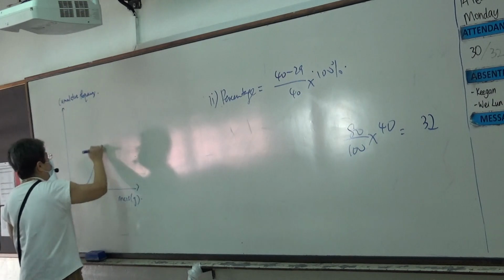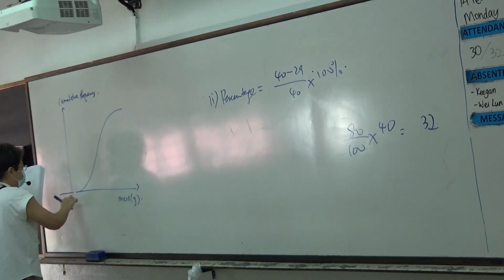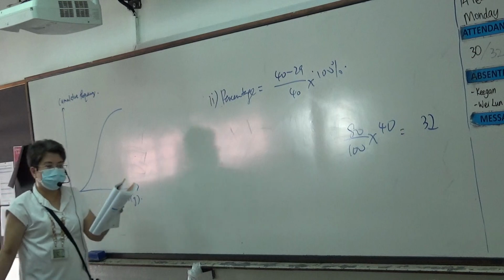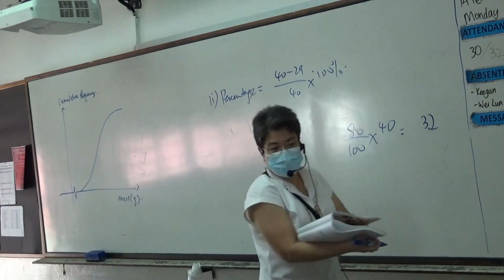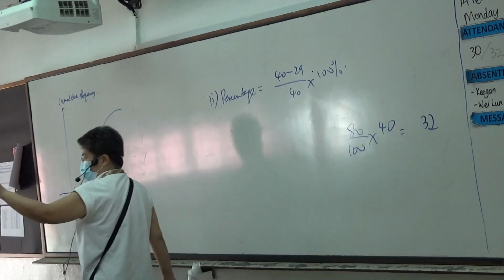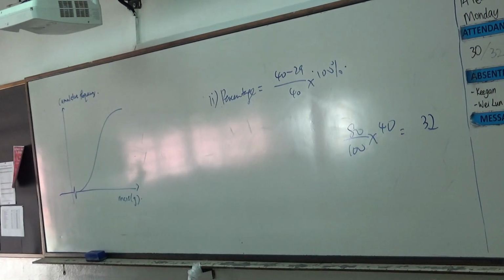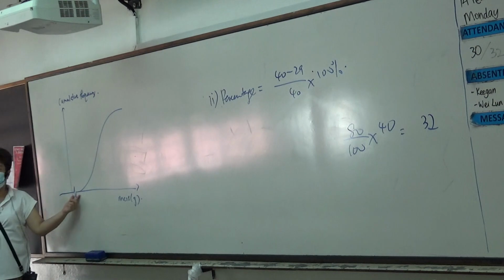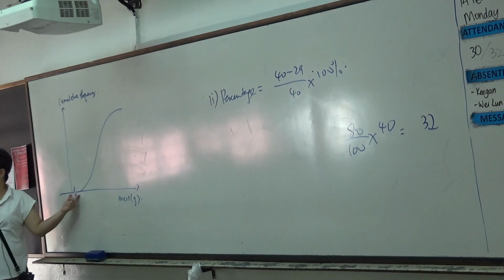Grams. Then we have this. Now, may I know what the zigzag there means? What does the zigzag mean? Zigzag means for here you ignore, you do not follow scale.